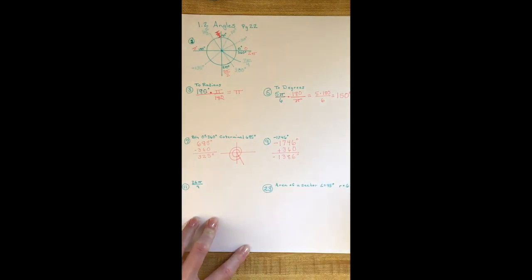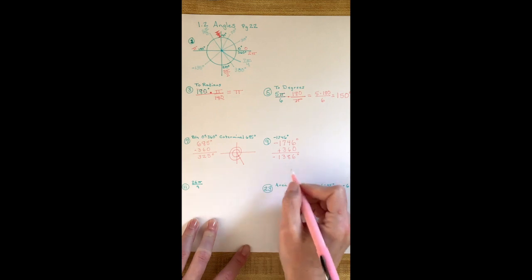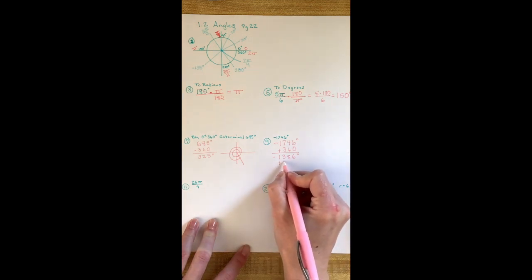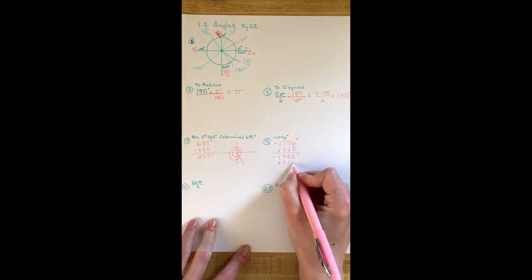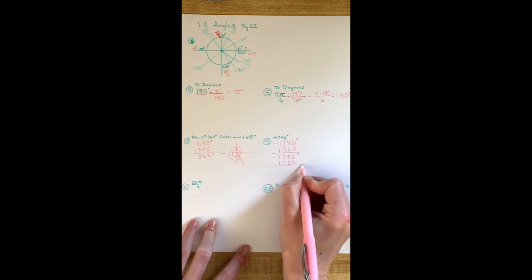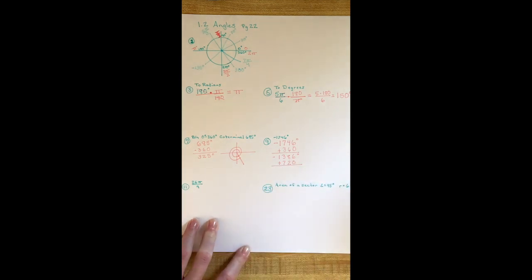It looks like this is going to take me a really long time. So I'm thinking I need to add maybe multiples of 360. What if I go ahead and add 720 this time? So 720 is just 2 full rotations, and that way it can cut down on the number of times I have to add.